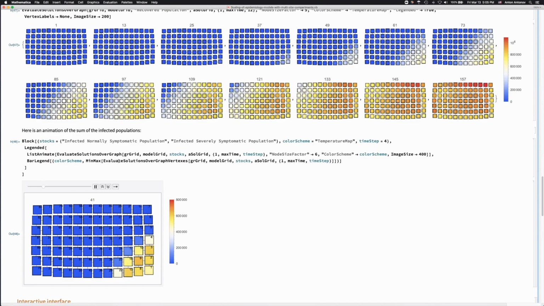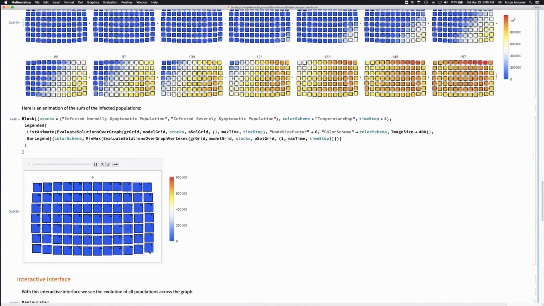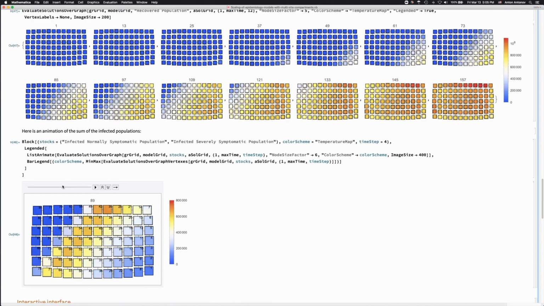And here, for example, is an animation which shows how the infection is distributed from the first city throughout all of the cities and dies off. As you can see, it's like a wave, just for our audience, starting from one side, a wave of virus goes from one side to the other side.